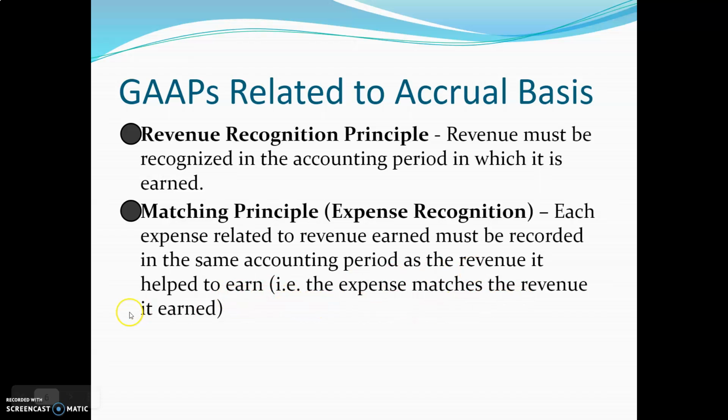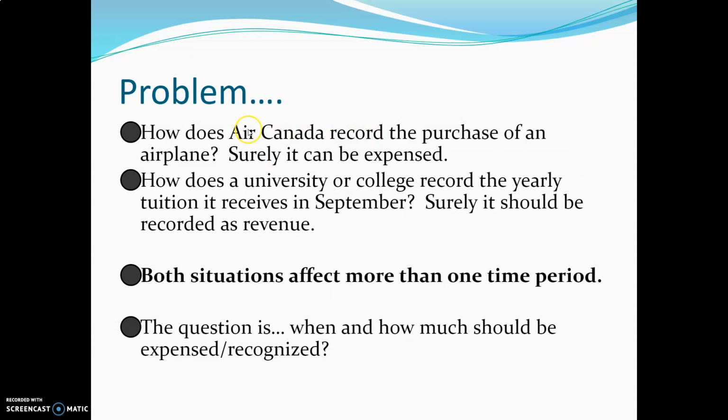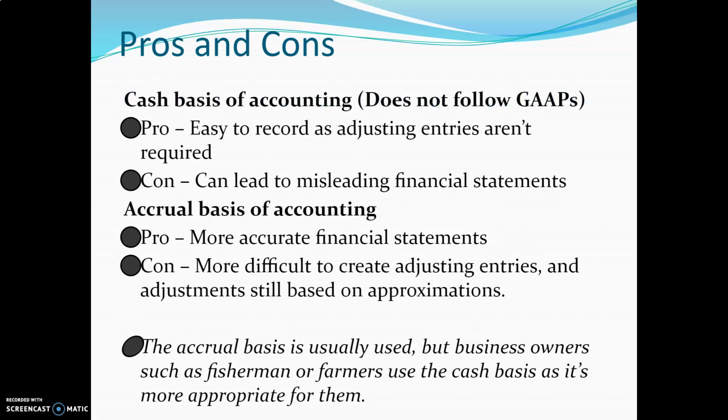The expenses match the revenue earned. So again, the problem with Air Canada buying that airplane is that the airplane will last many more periods than just the one it was purchased in. And so when we look at those expenses, we have to match the expenses of that airplane, the depreciation, with the revenue it helps generate.